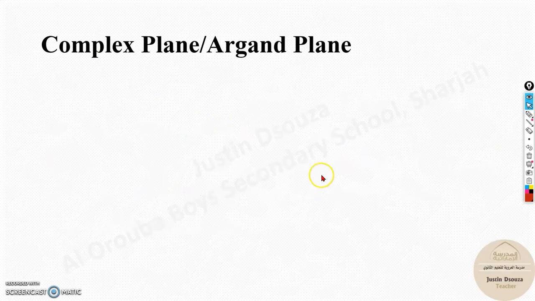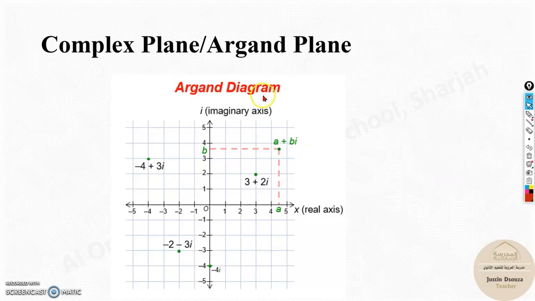You can pause the video and read this, or you can read this later on, which will make much more sense. Now let's see what exactly it is. This is the complex plane. It has an imaginary axis and a real axis. The real axis is horizontal, that's the x-axis, with all the real numbers.